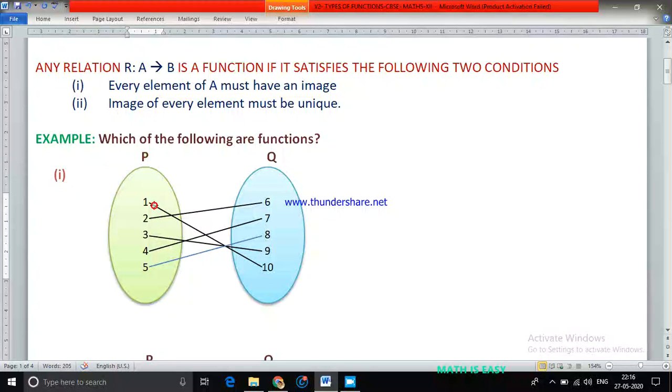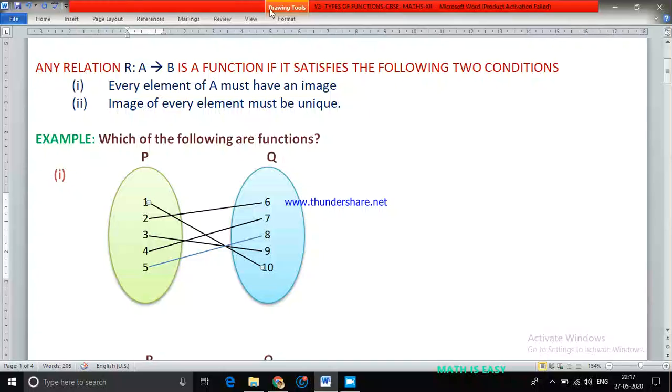For example, 1 has an image as 10, 2 has an image as 6, 3 has an image as 9, 4 has an image as 7, 5 has an image as 8. I have taken the images randomly; there might be some relation which defines this. Every element has a unique image because 1 is mapping with only 10.